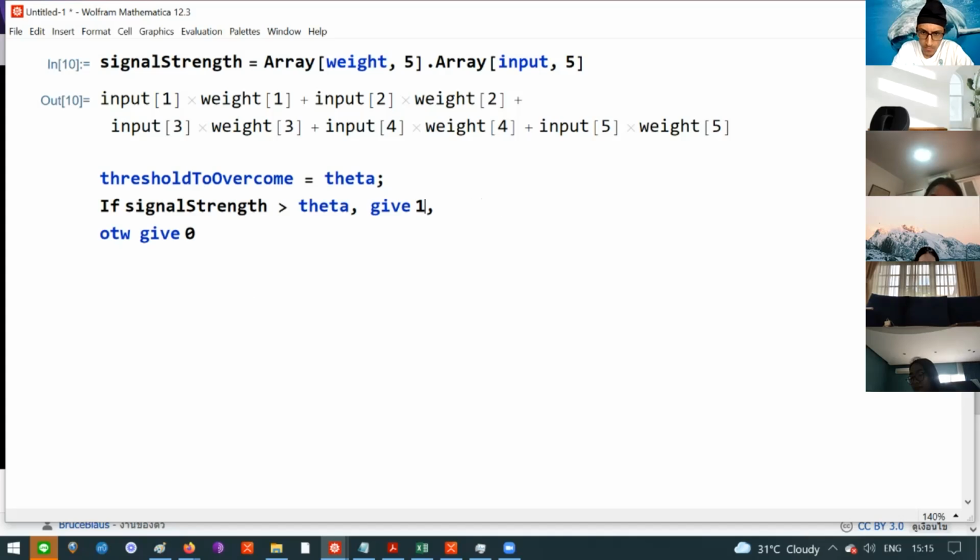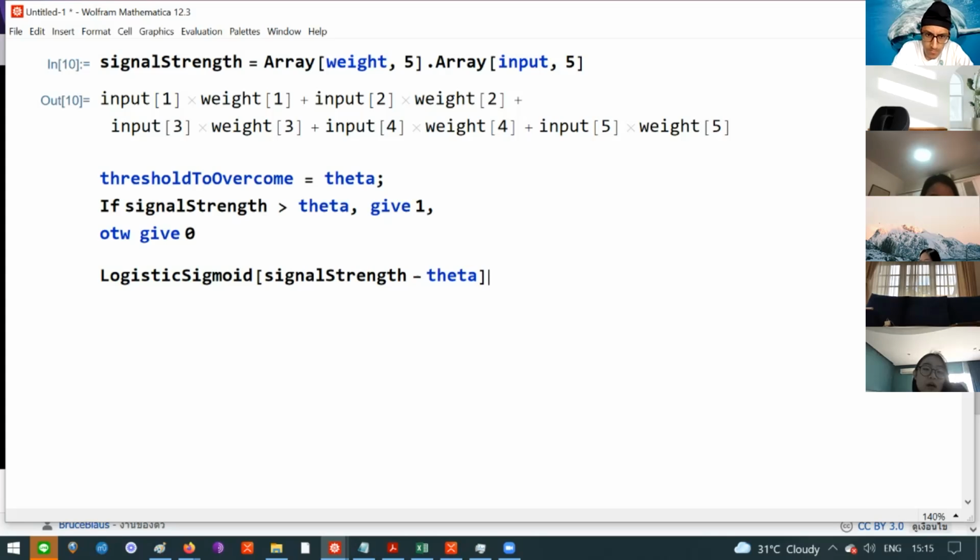Now, have you seen some function lately that gives you something that approaches 1 based on some condition? Obviously, that is logistic sigmoid of signal strength minus theta. That's it.